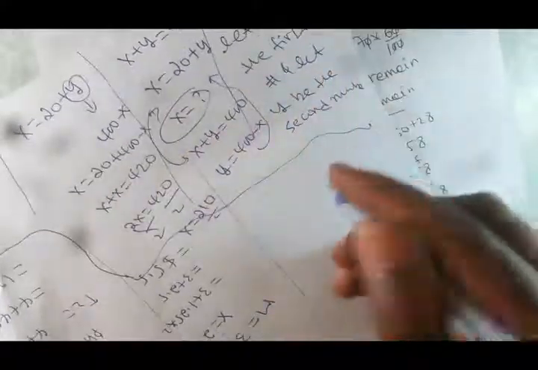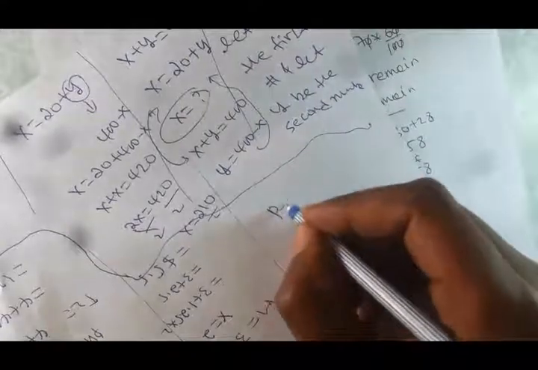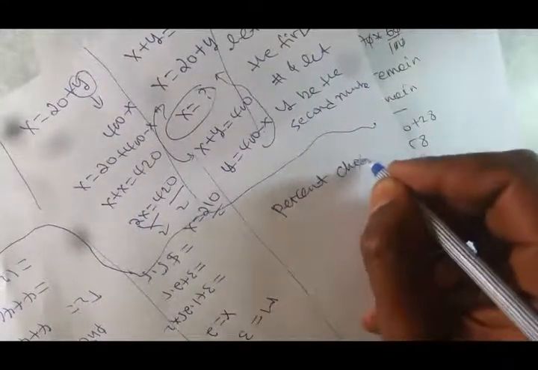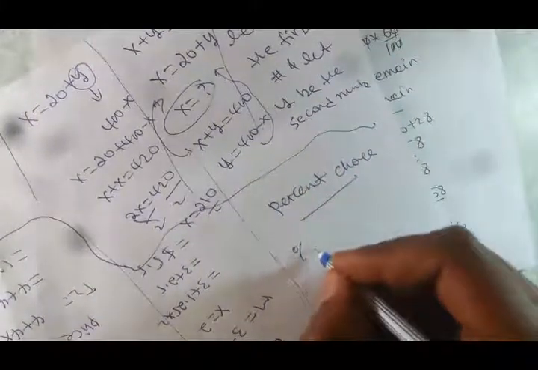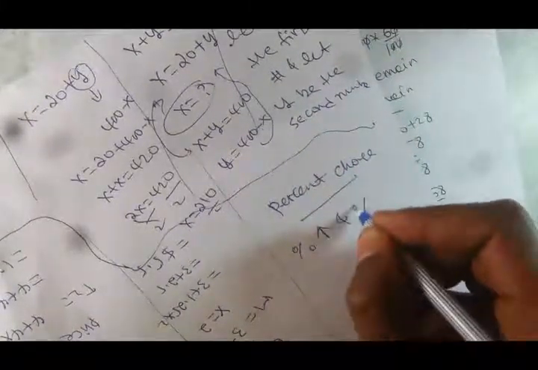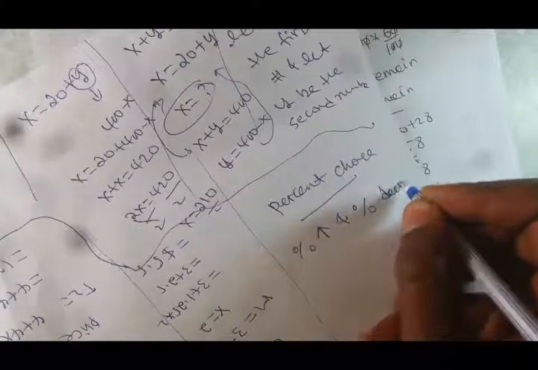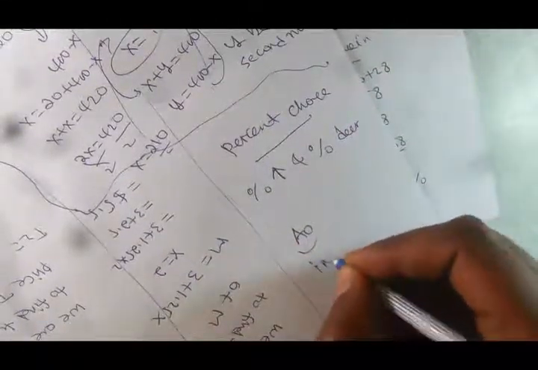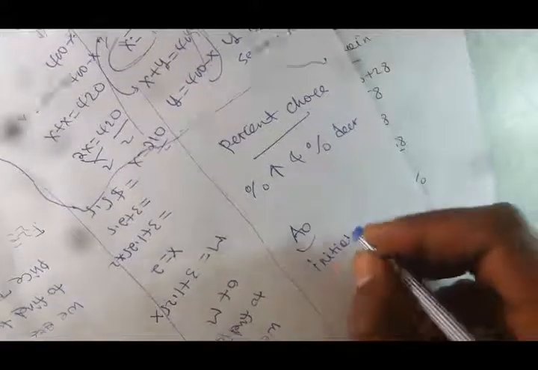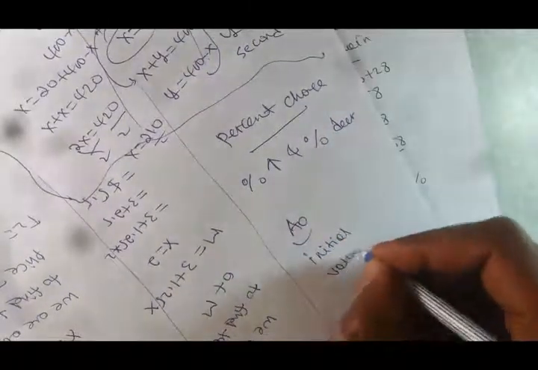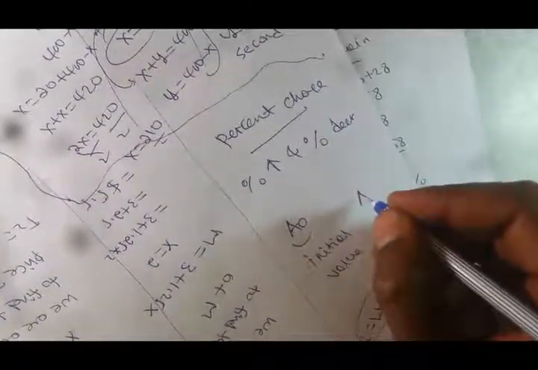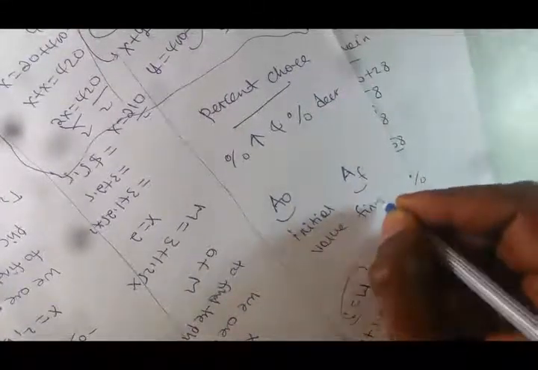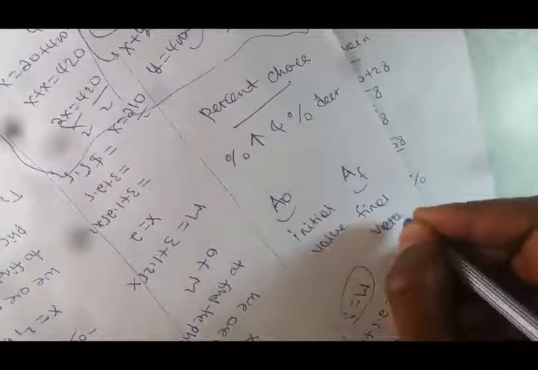And I'm going to show about percent change. That means percent increase and percent decrease. Let's say AO is our initial value, and AF is our final value.